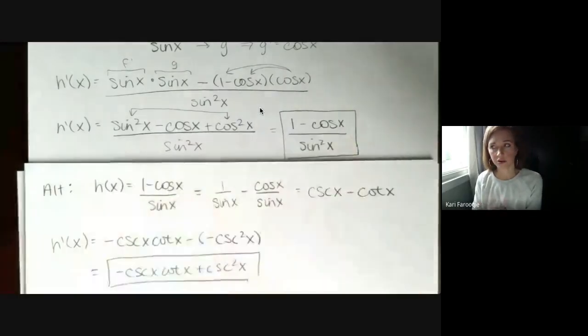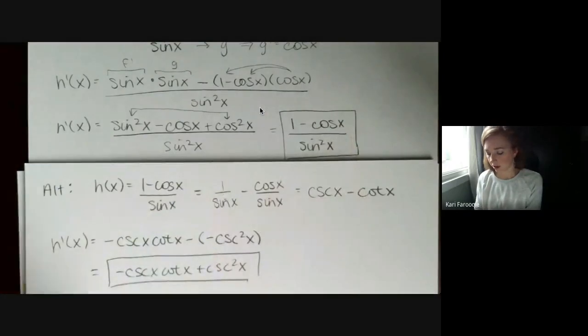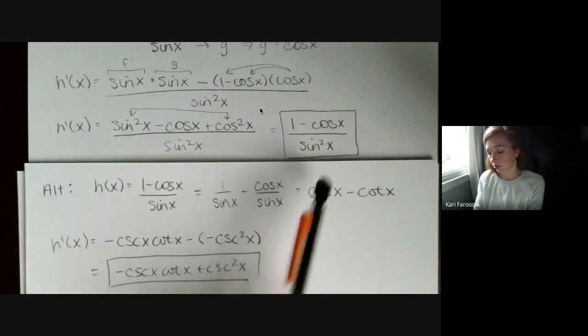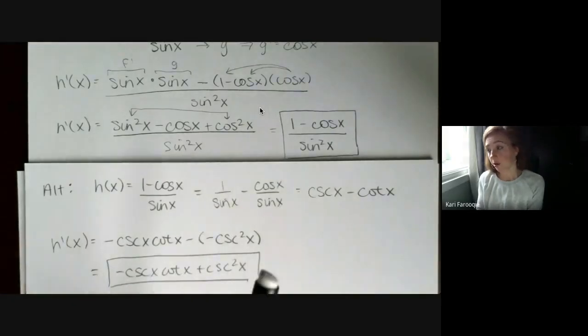I just don't want you to think, oh, well, I did it this way and I got this answer and it looks completely different, therefore it must be wrong. It doesn't mean your answer is wrong. I mean, it's possible that you did something wrong and ended up with something crazy. But your answer can look different and actually not be different when it comes to trig functions. So just wanted you to keep that in mind.